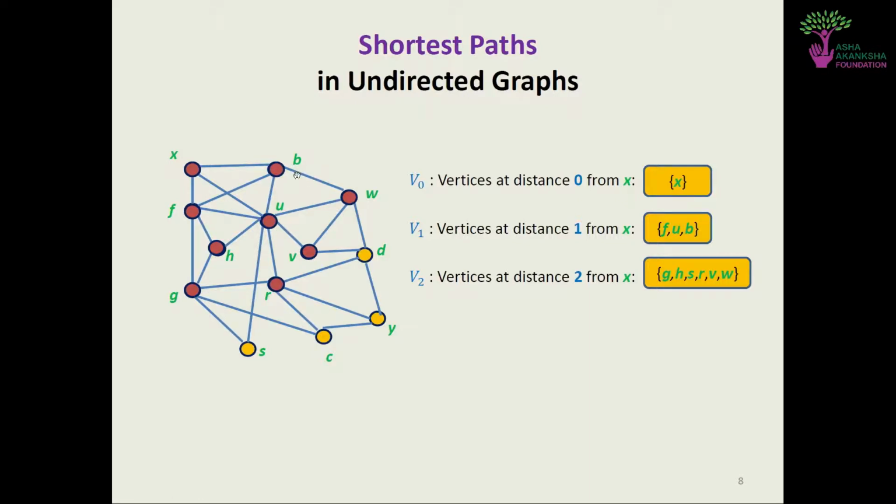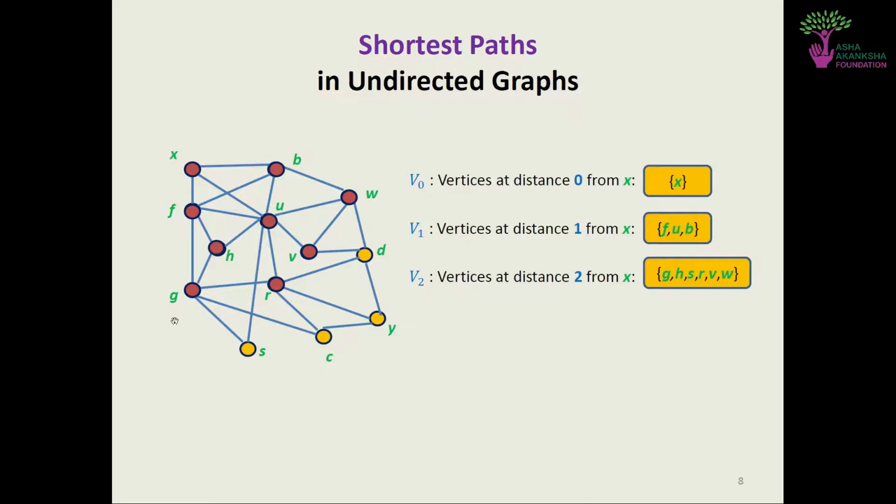So from that we come to f. Then we look at all the neighbors of f. Sorry, here we have g, h, u, b, and x. If we look at the distances, x was not infinity, b was not infinity, u was not infinity, because we have already set these values. x was 0, b was 1, u was 1.